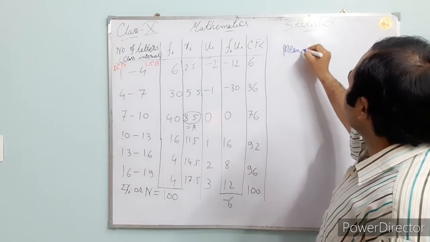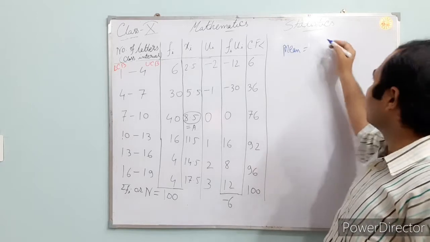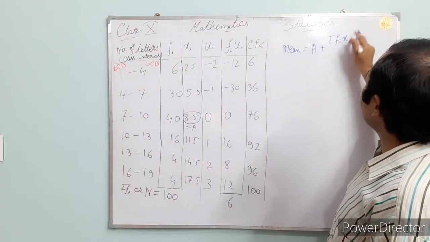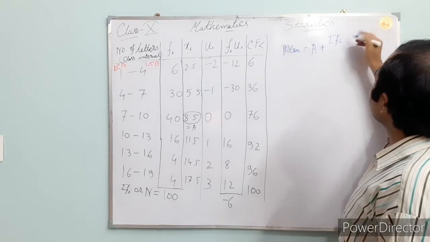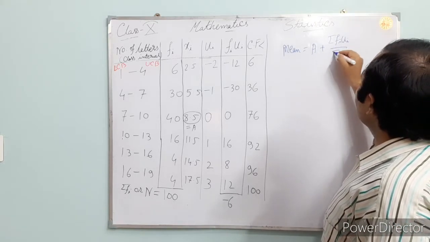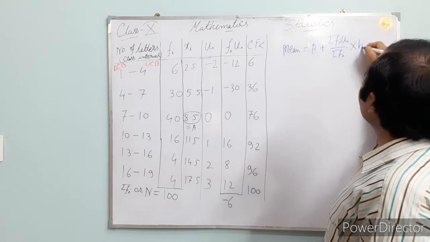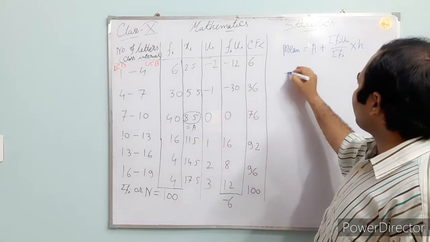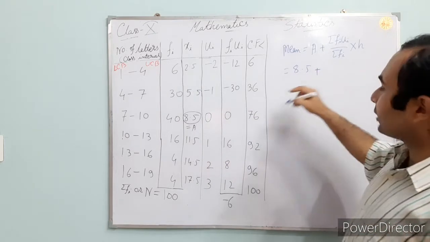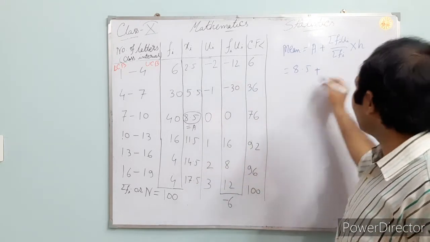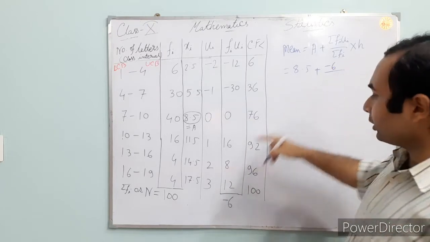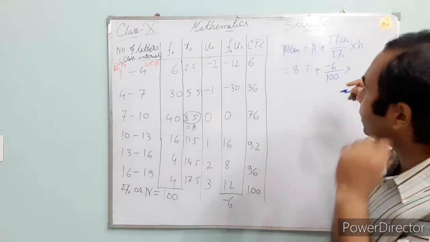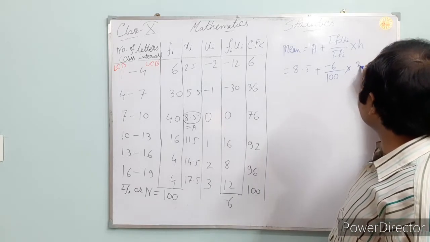Mean equals A plus summation Fi Ui by summation Fi into H. A means here 8.5, plus summation Fi Ui, this one minus 6, by summation Fi, it is 100, into H. H means the class width, here it is coming 3.